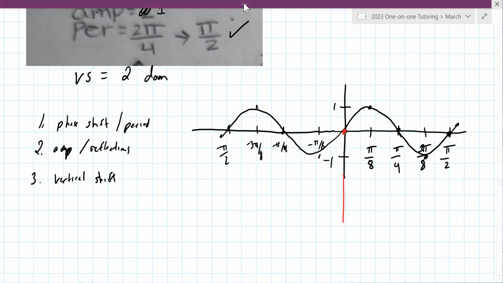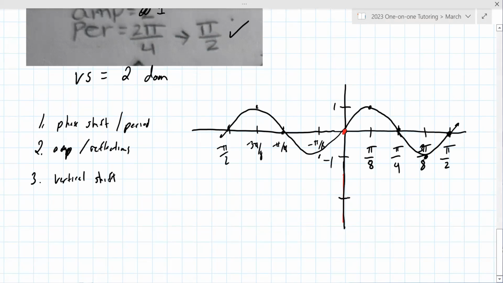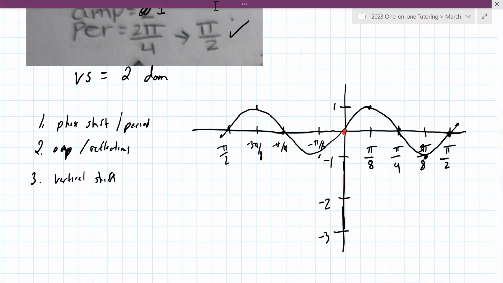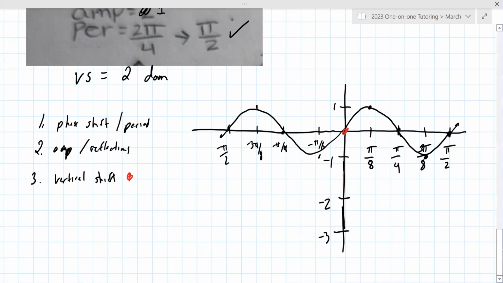So let me label this correctly. Every single point here, I'll do this in red, goes down 2. That goes down 2. This one goes down 2. That goes down 2, down 2. And it looks the same. It's just that it's down 2.